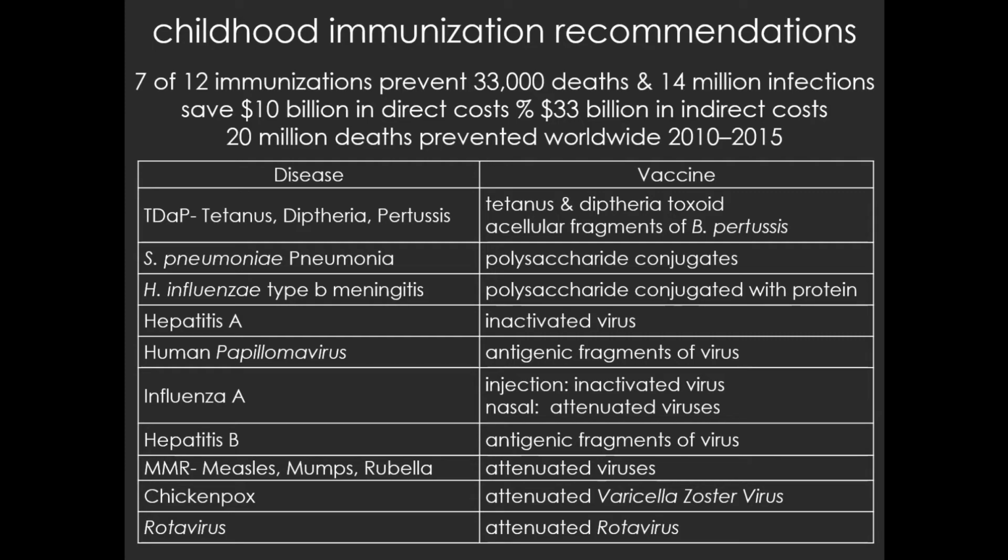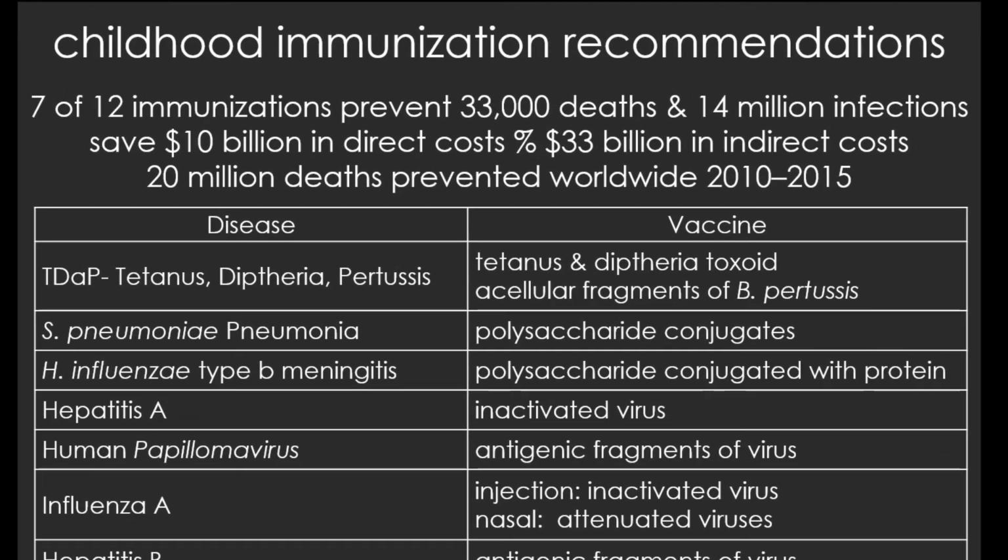And it's estimated that if you were to get just 7 of these 12 immunizations, that will prevent 33,000 deaths and 14 million infections at a cost savings of about $10 billion in direct costs and $33 billion in indirect costs.